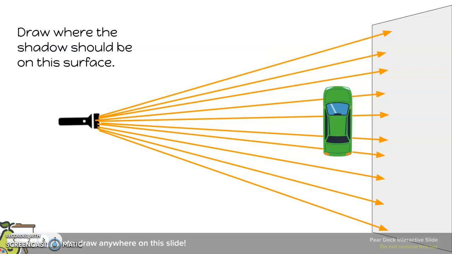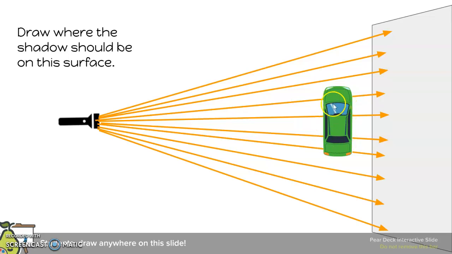Now, when it's time to draw and think about where a shadow would be, you have to think about the arrangement of the object compared to the light source and the surface itself. If you rearrange how the surface is set up or where the object that's blocking a light source, it could change the position and the size of the shadow.